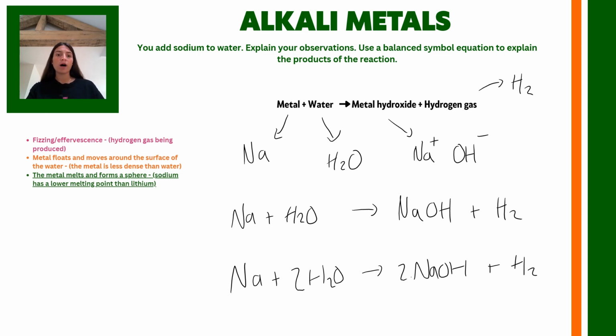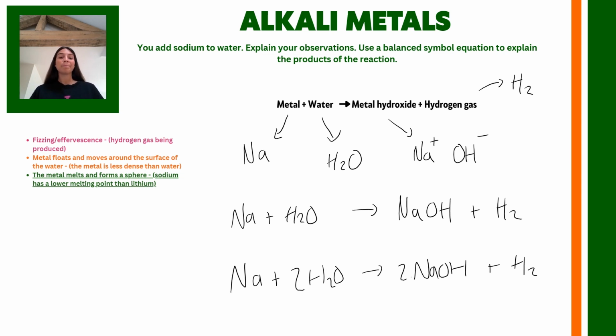But now I've got 4 hydrogens on my left-hand side, and on my right-hand side, I only had 3. So now I needed to add the 2, that's where that 2 came from, in the metal hydroxide. And now I've got 1, 2, 3, 4 on my right-hand side.